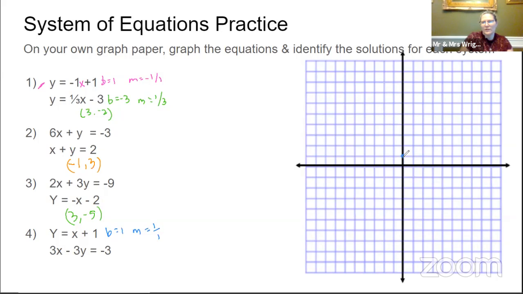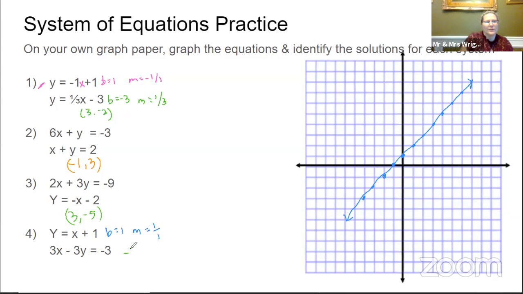So there's 1. We have a graph right here of a line. There we go. Pretty okay job. And then we've got 3x minus 3y equals 3.